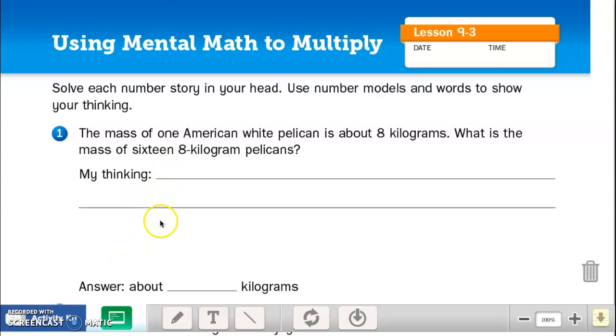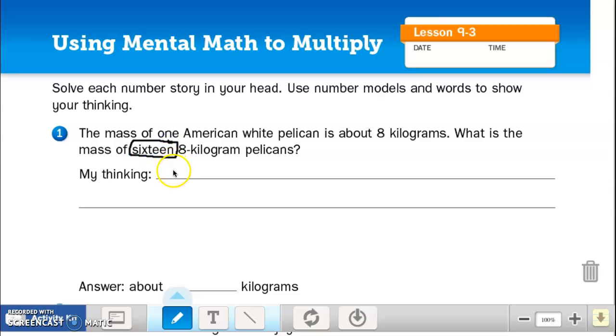But what you can do is take 16 and break it apart. I think 10 is easy and 6 is a little easier than 16. So what I'm going to do is break 16 into 10 and 6.